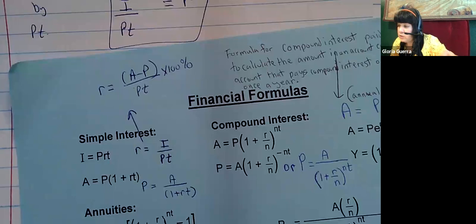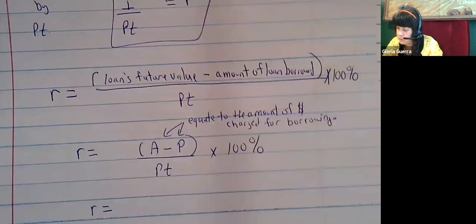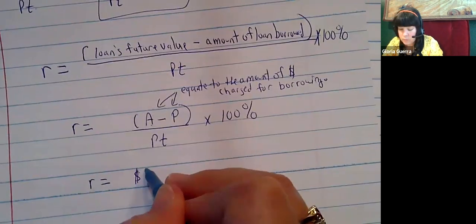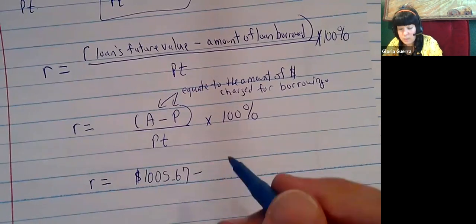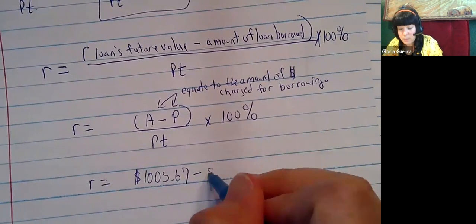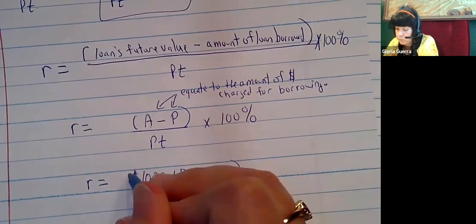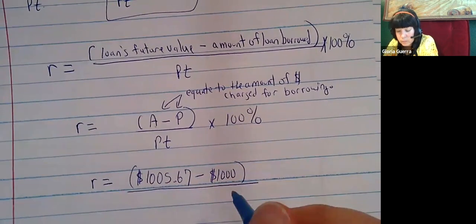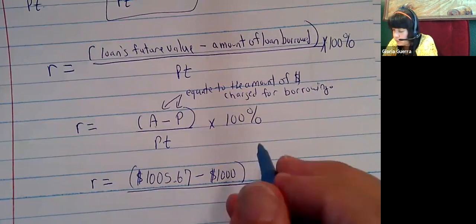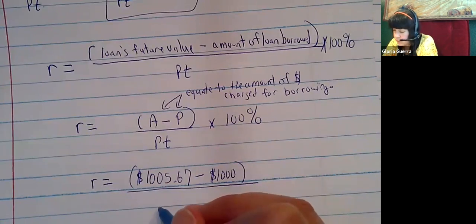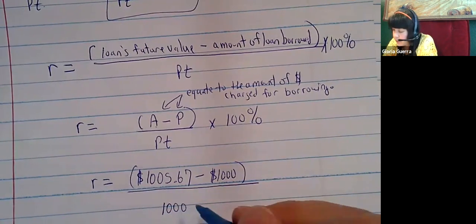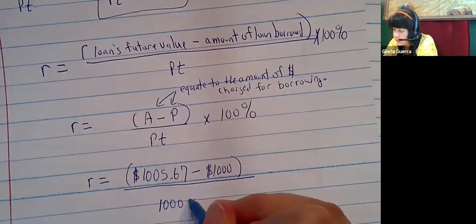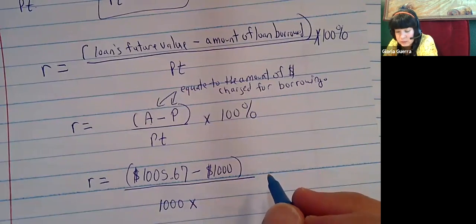So when I start substituting that in here, I have the $1,005.67 minus the P, which was $1,000, over the P, which is $1,000, times the time. And the time was, how many days was that?